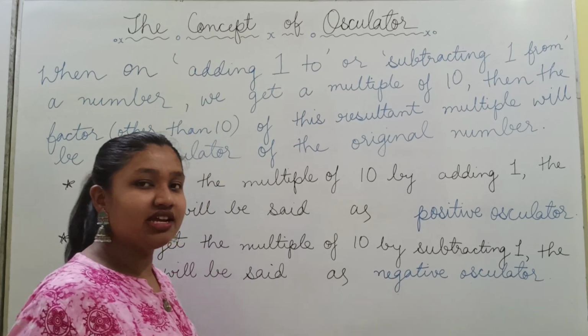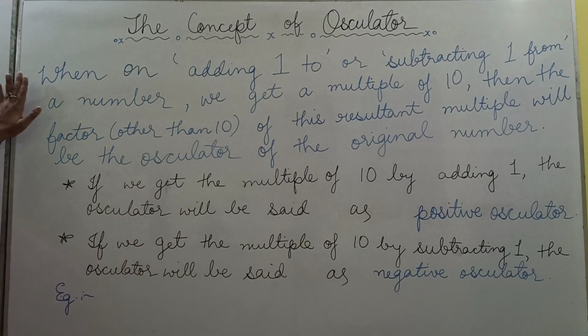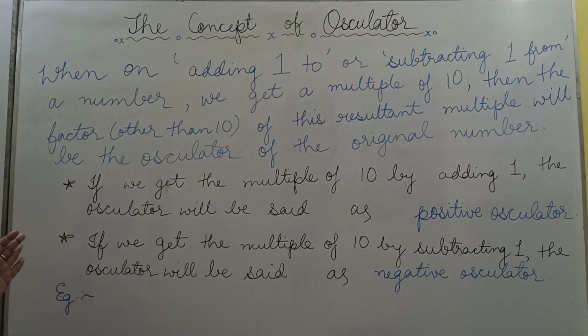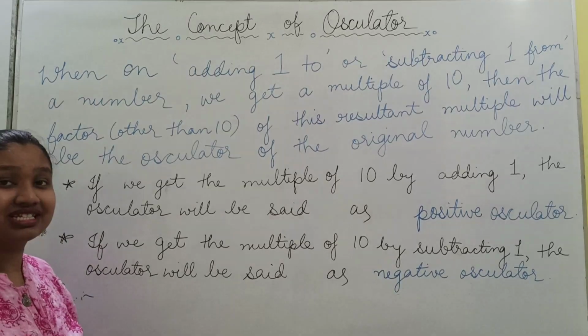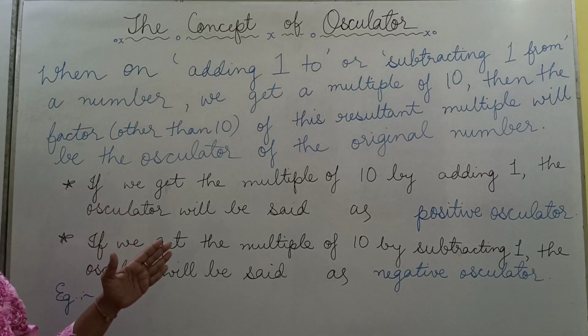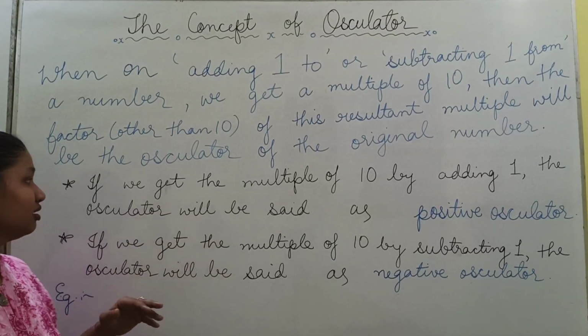Now we can define an osculator as follows: when on adding 1 or subtracting 1 from a number we get a multiple of 10, then the factor other than 10 of this resultant multiple will be the osculator of the original number.